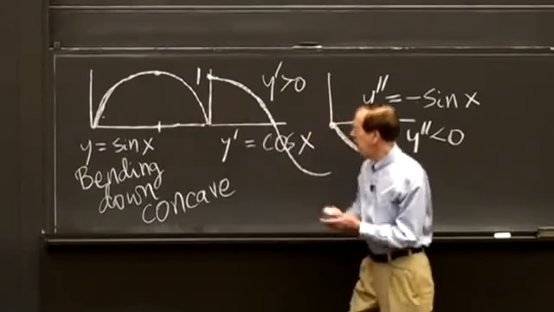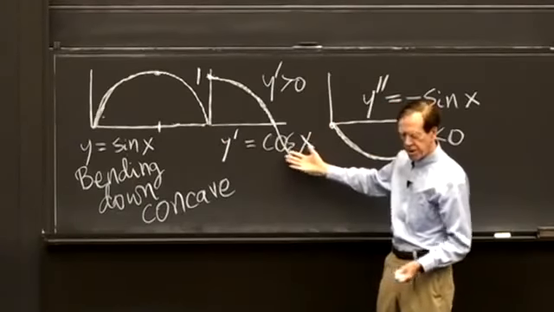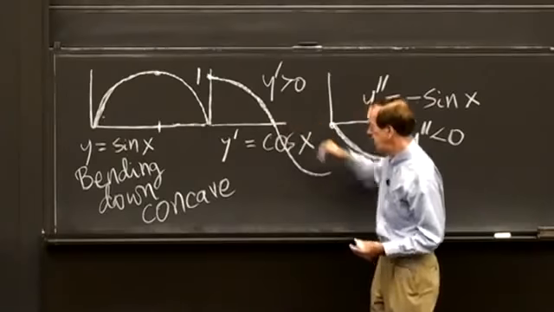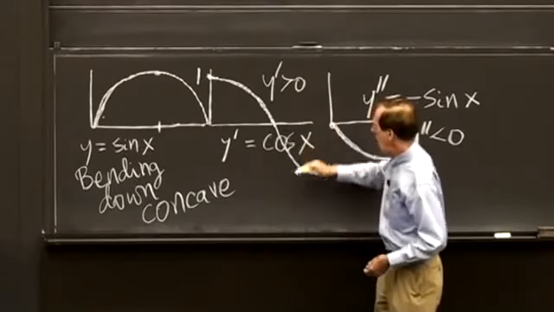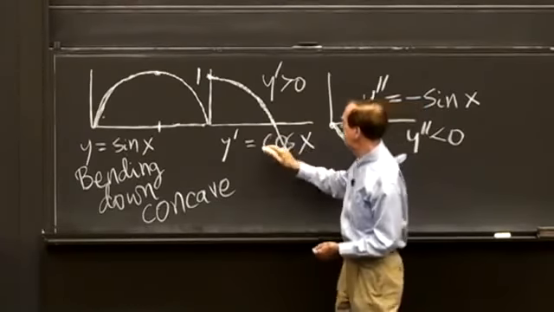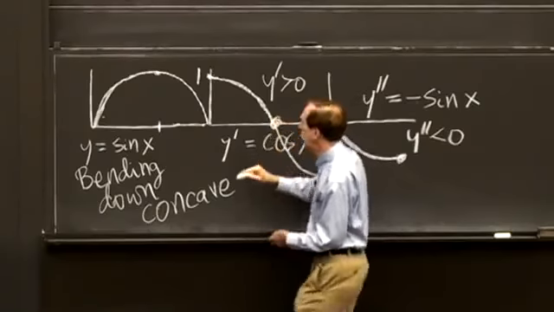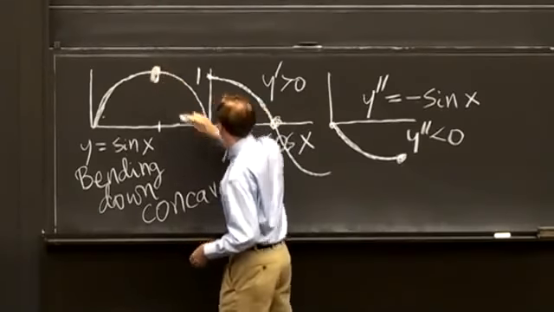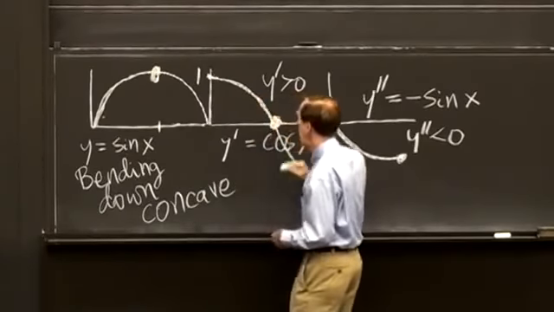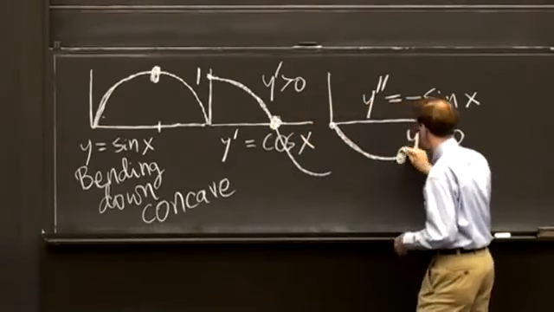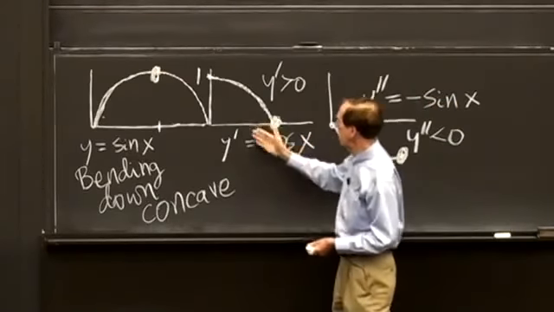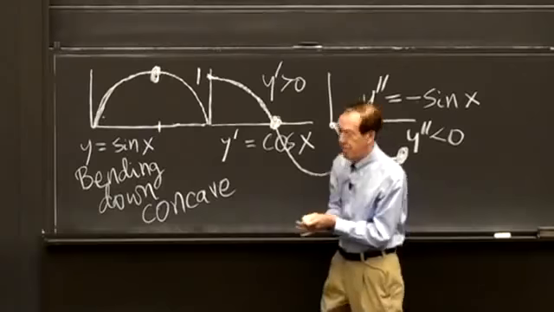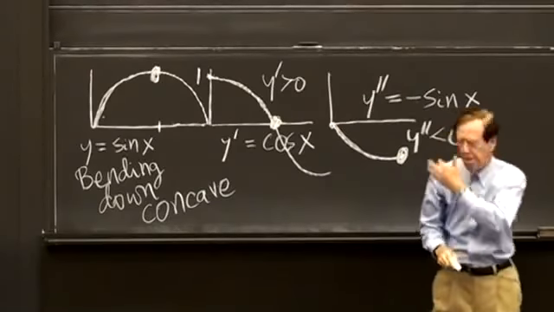The slope is negative. So on this slope graph, I'm below 0. And the slope is 0. Let me put a little mark at these 3 points here. Those are important points.